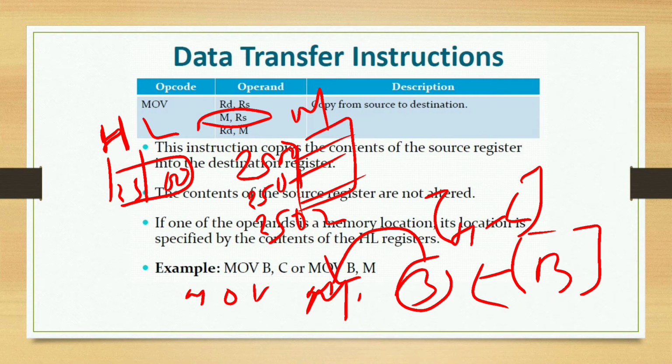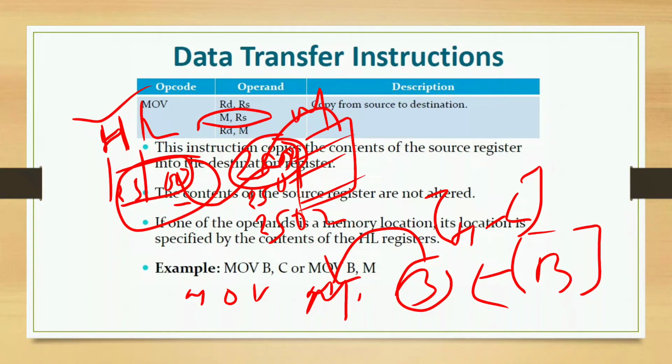MOV M, B: the content of register B is moved to the memory location whose address in HL contains, say, 2500. At that memory location, content of register B is moved.